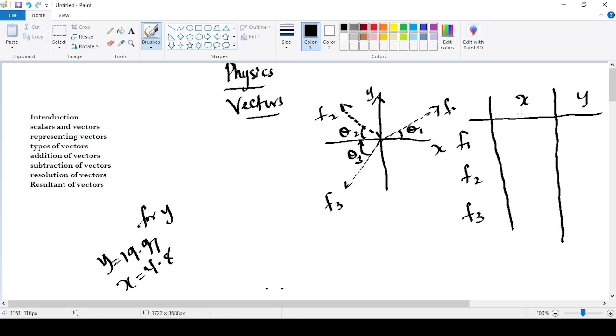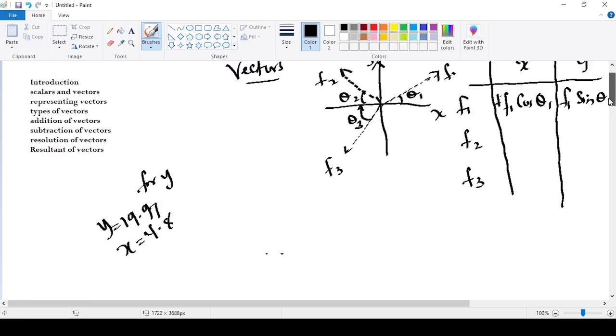In this diagram, we have f1, f2, f3. In the x component, it will be f1 cos theta. If theta is in the positive x direction, it will be plus the force cos the angle. For the y component, f1 is in the positive y-axis, so that will be f1 sine theta 1.